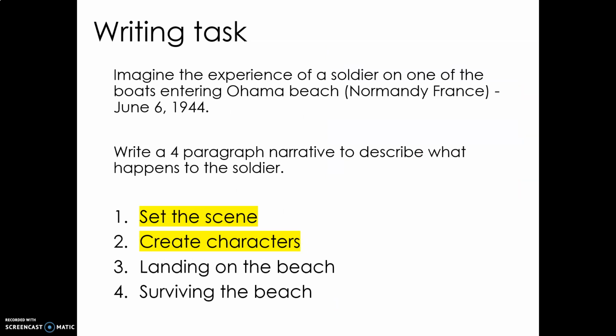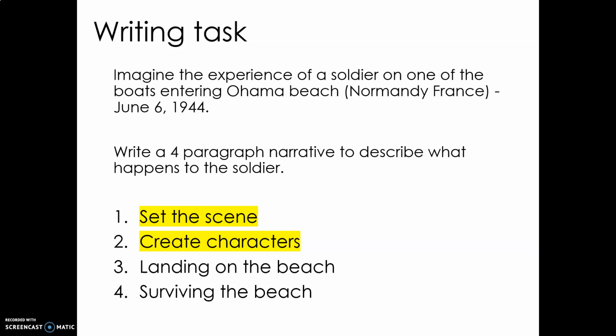Okay, so now you have seen that really powerful and intensive beach scene. What we're going to do is use that to imagine the experience of a soldier who is on one of the boats entering the beach in Normandy, France on June the 6th, 1944.